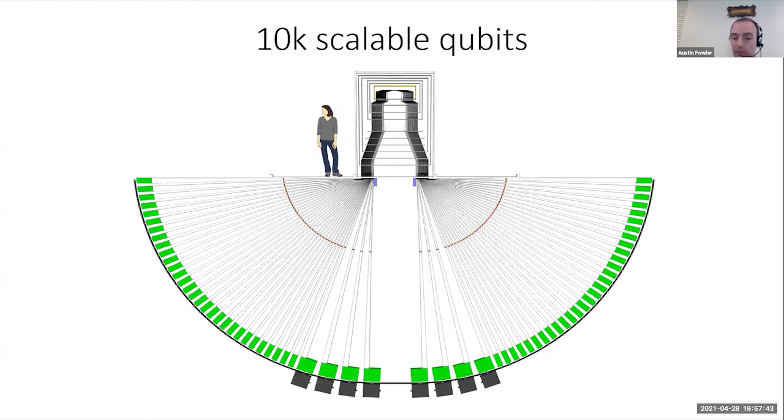If it were possible to miniaturize this control hardware more, that would make life easier. We wouldn't need to have such long cables, we wouldn't need such high power. So if we can miniaturize the control hardware, that would be great. If it was possible to minimize it enough that it could fit as little blades on the top of the fridge, that would be great. We don't know how to do that.